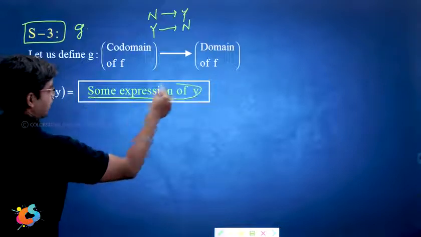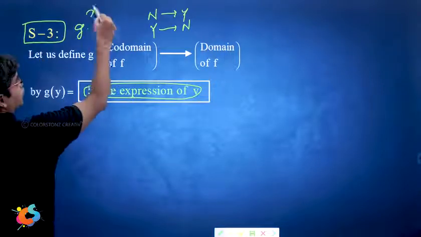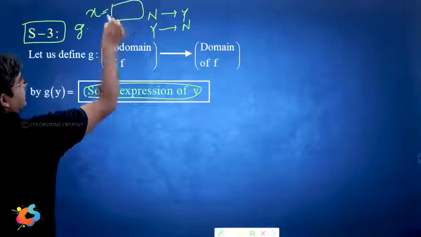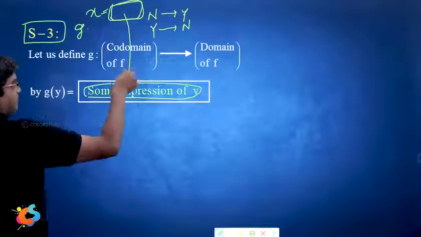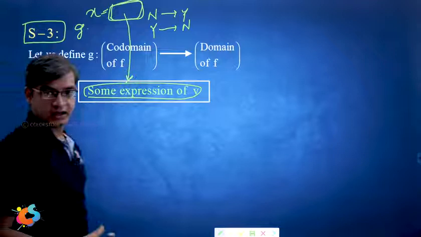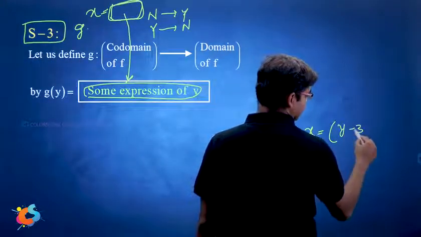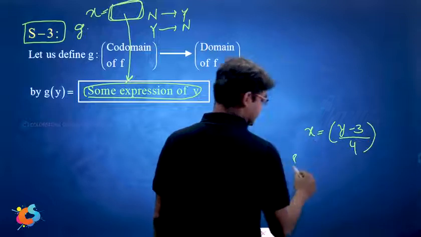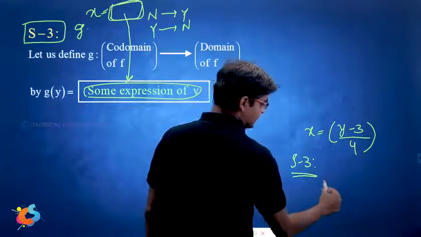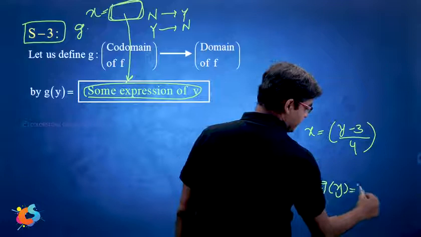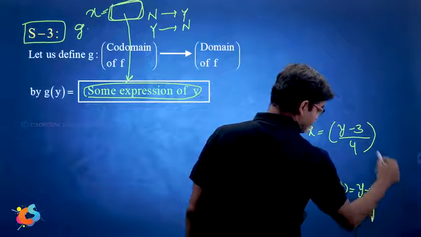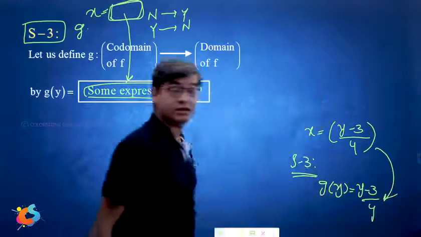What is this expression of y? Just before, in step 2, we got x as some expression of y. This box will come directly here. If you remember the question which we have done, x is equal to (y minus 3) divided by 4. And in step 3, when we wrote g of y is equal to (y minus 3) divided by 4, the same thing has come here.